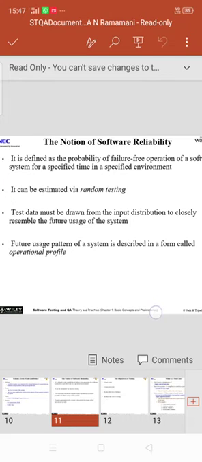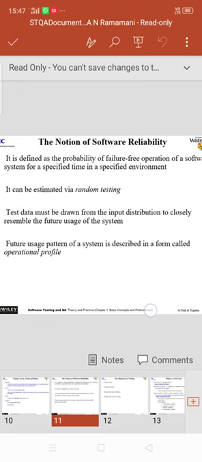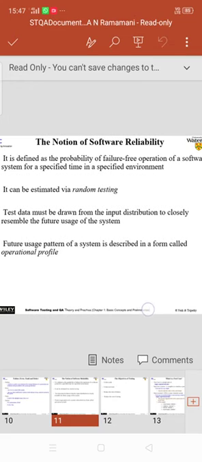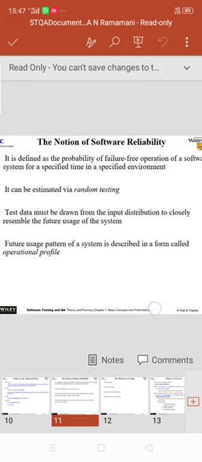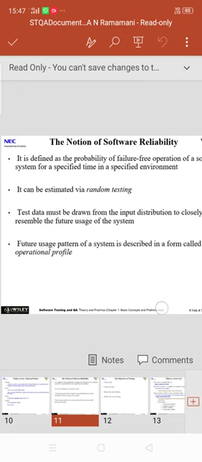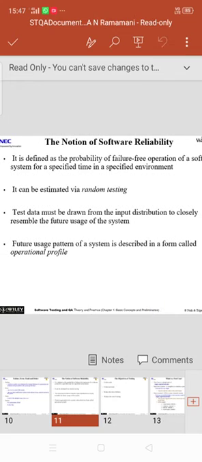It can be estimated via random testing. Test data must be drawn from the input distribution to closely resemble the future uses of the system. The future usage pattern of a system is described in a form called operational profile.